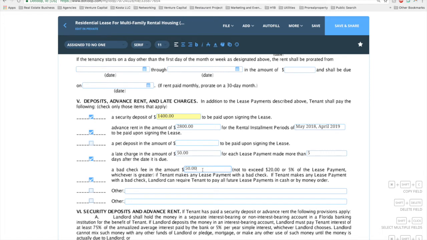So over here we'll take 5% of 1400, and it's actually $70. So we can put $70 here or keep it at 50. It's up to the landlord as well. If tenant makes any lease payment with a bad check, landlord can require tenant to pay all future lease payments in cash or money order.